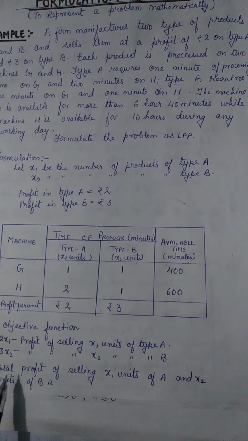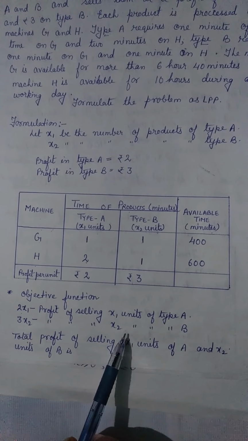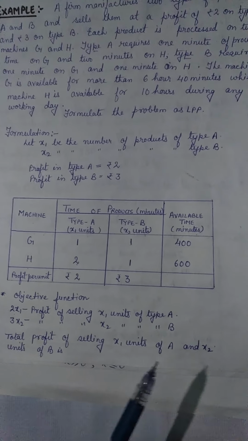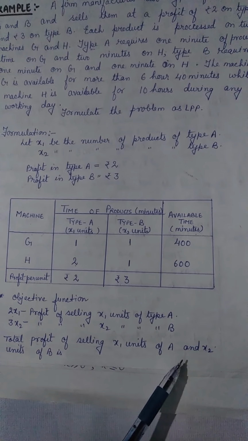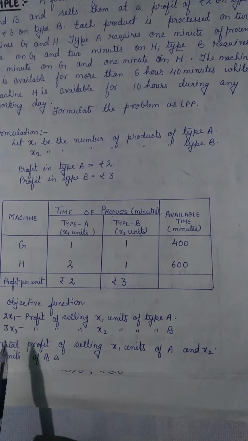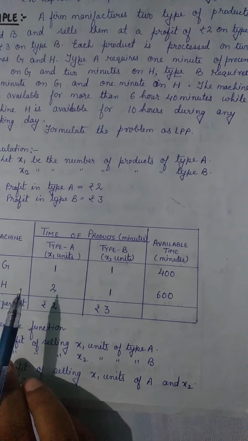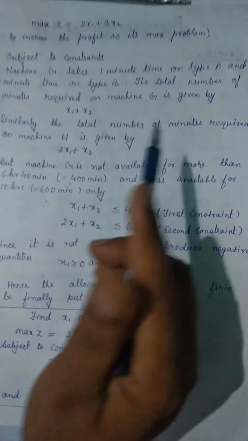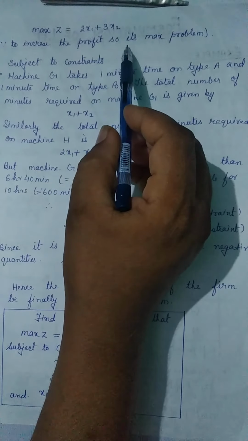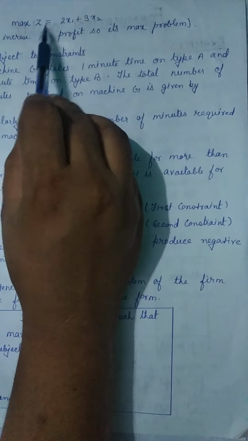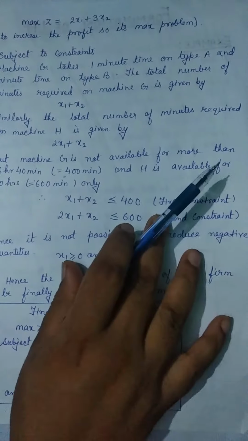So 3x2 will be profit of selling x2 unit of type B. Now total profit of selling x1 unit of A and x2 unit of B will be 2x1 plus 3x2. Here, since to increase the profit it is given, so this problem is of maximum problem. So the objective function will be max z is equal to 2x1 plus 3x2.